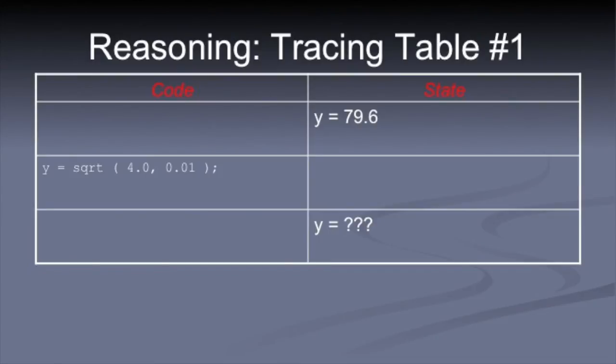Since the only variable in this program is y, the row just before the call to square root has the value 79.6. Question: what will be the value of y after the call to square root returns? The answer: y receives the value of 2.0 from the call to square root.